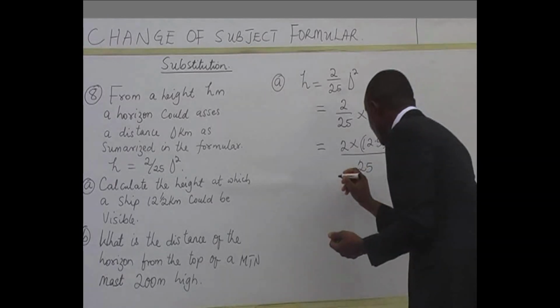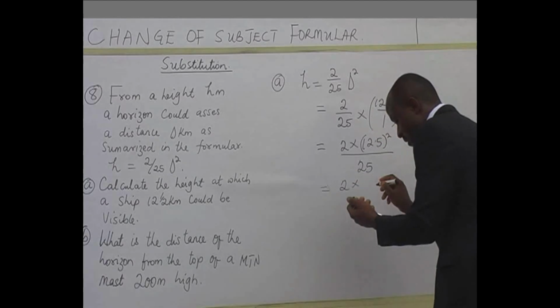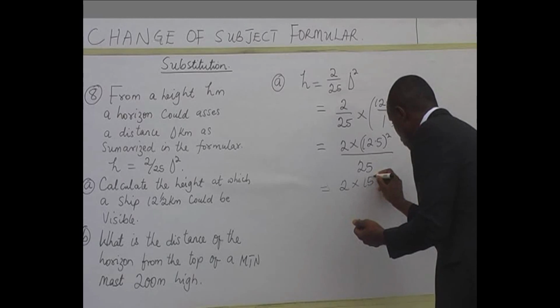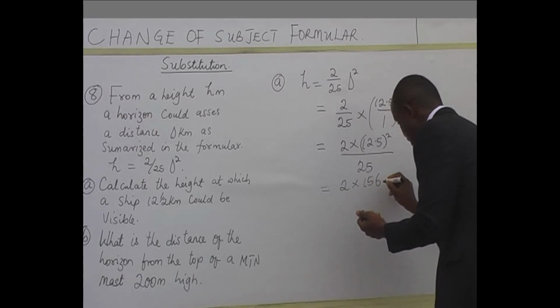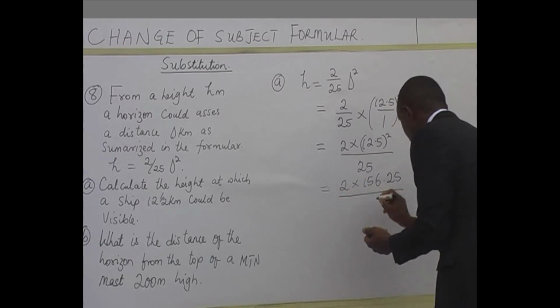This is giving us 156.25. So 2 times 12.5 squared gave us 156.25, then everything all over 25.